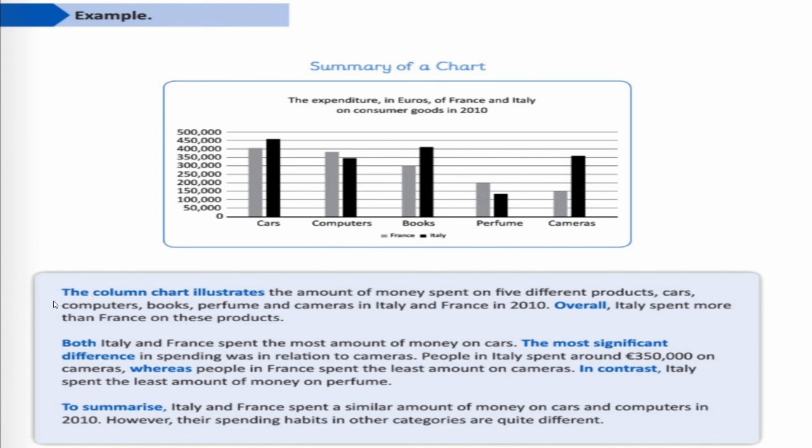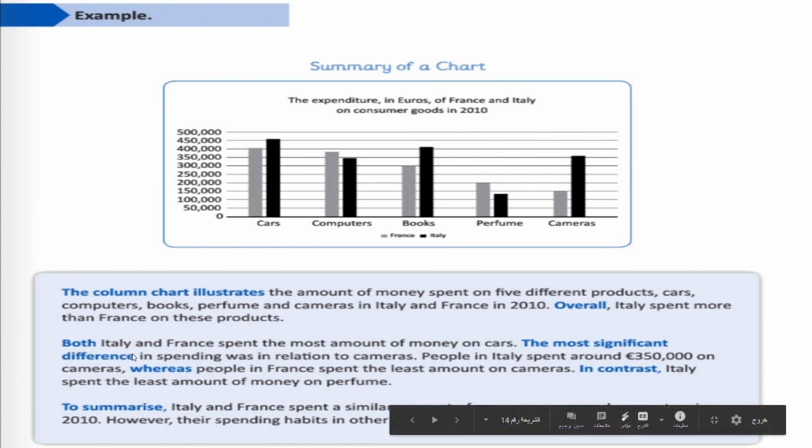So you can read: the column chart illustrates the amount of money spent on 5 different products, cars, computers, books, perfume, and cameras, in Italy and France in 2010. Overall, Italy spent more than France on these products. Both Italy and France spent the most money on cars. The most significant difference in spending was in relation to cameras.